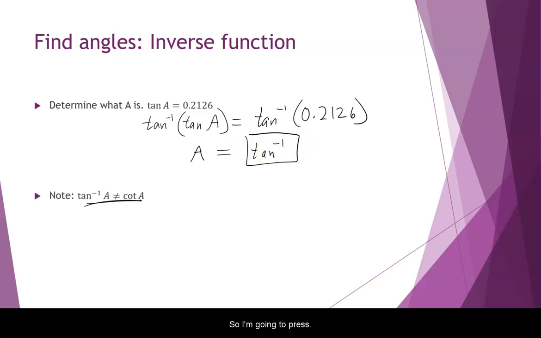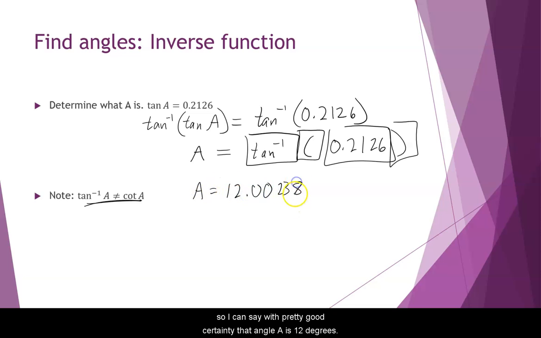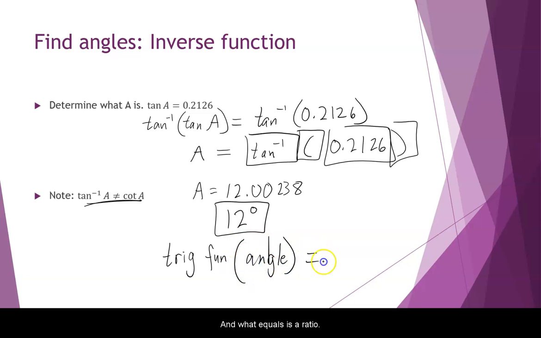So I'm going to press inverse tangent, parentheses, 0.2126, and then close my parentheses. I ended up finding that A equals 12.00238. So I can say with pretty good certainty that angle A is 12 degrees. Again, remember that what you're taking the trig function of is an angle, and what it equals is a ratio.